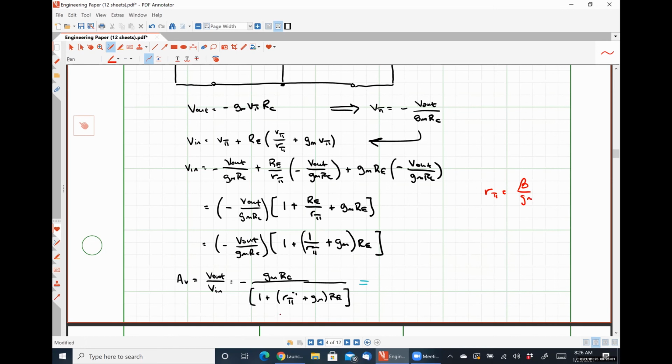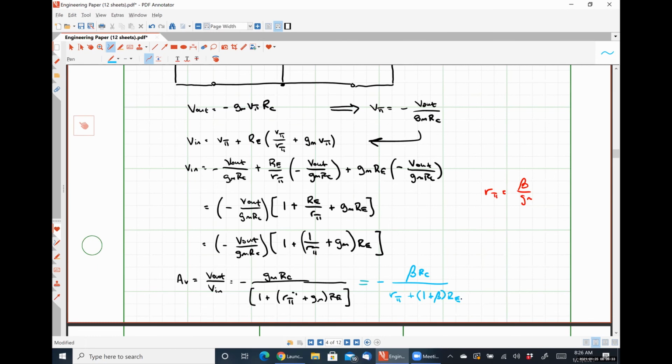So inside here, if I multiplied through by R pi over R pi, what this would give me is negative beta RC divided by R pi plus 1 plus beta RE.